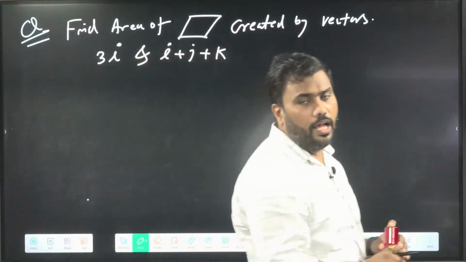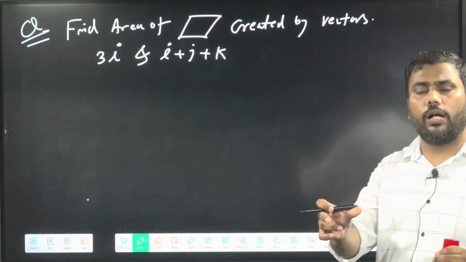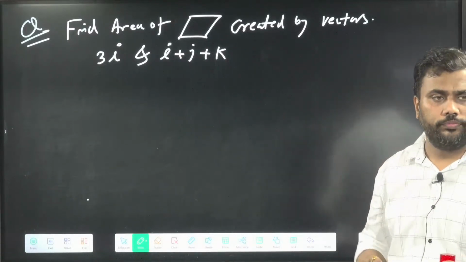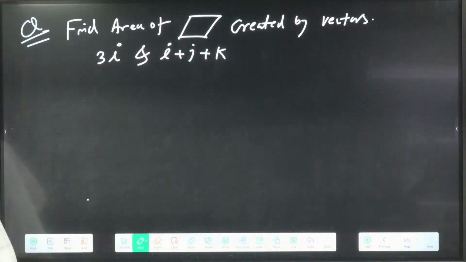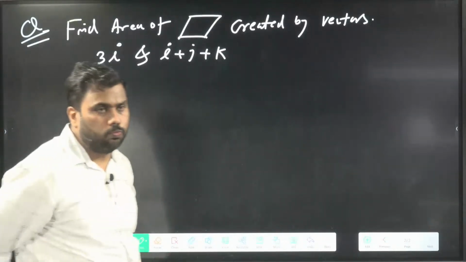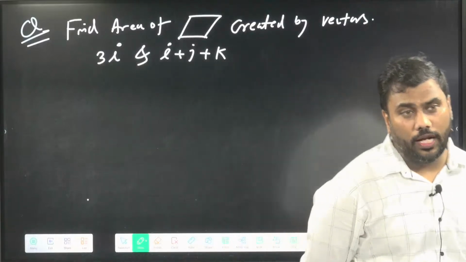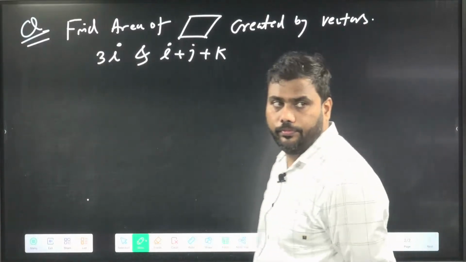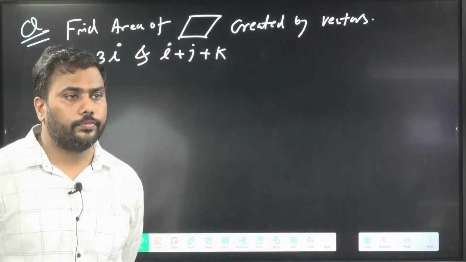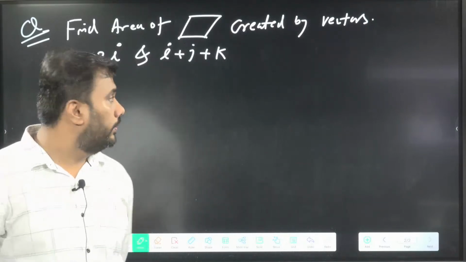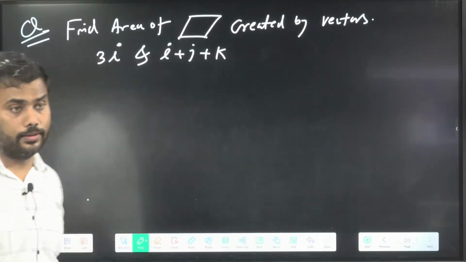How to find the area of a parallelogram? If the sides are given, the parallelogram area is the magnitude of A cross B. Sides are given, just find the magnitude of A cross B. Solve for the area of the parallelogram created by these two vectors.